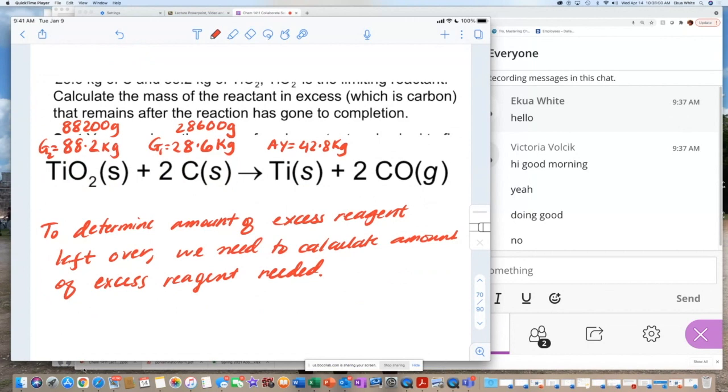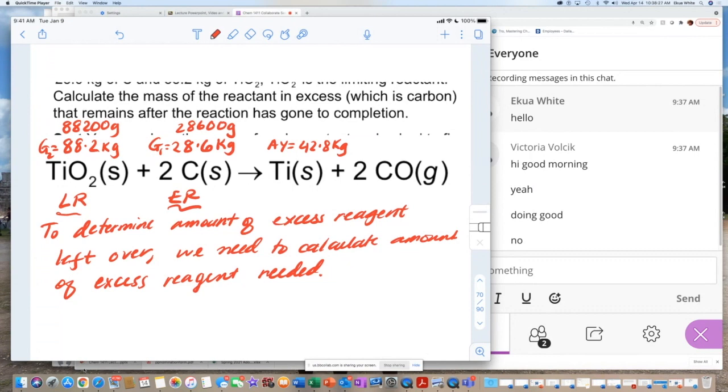So this is our first goal. We're going to figure out how much did we actually need of the excess reagent, which we have decided that the limiting reagent is titanium 4 oxide. The excess reagent, which I'm labeling as ER, is carbon. So how much of the carbon did we actually need, right? Whatever we're looking for is labeled our wanted.